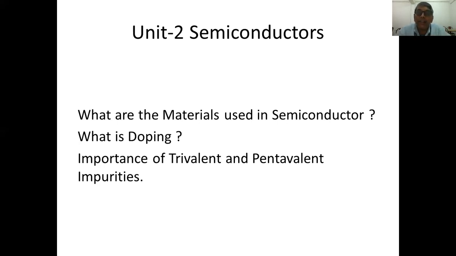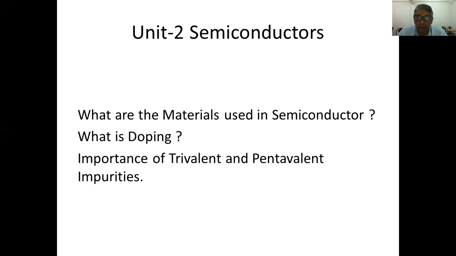So when we add something to it, adding impurities to the semiconductor material, we call it doping. When you add some material into it, the entire semiconductor property is changed. Then it starts behaving as a semiconductor.